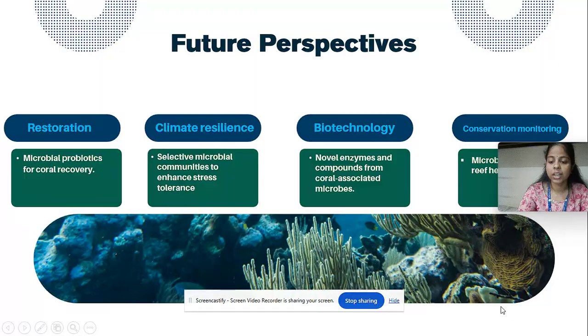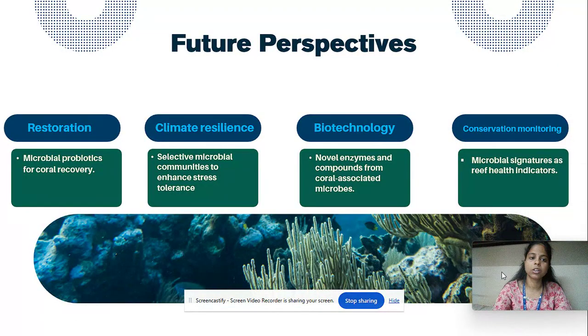So what are the future perspectives of the topic? The association of coral and microbes can be used in the restoration of coral species. Like microbial probiotics can be used for coral recovery. Then climate resilience: selective microbial communities are used to enhance stress tolerance.